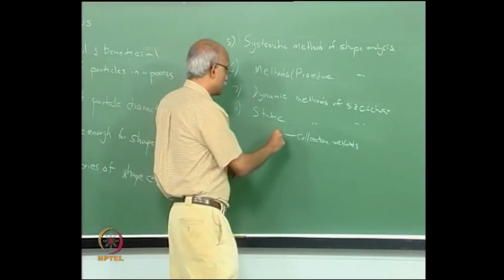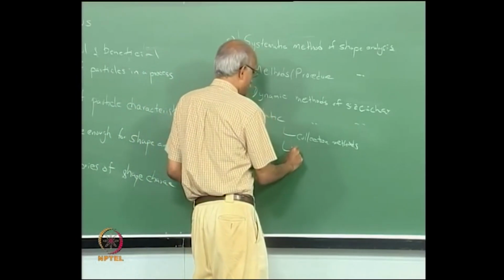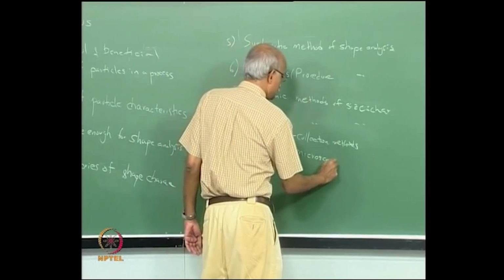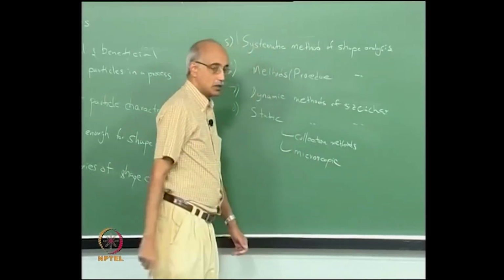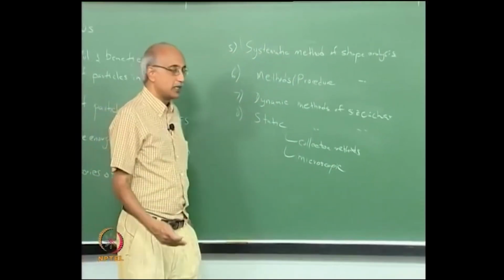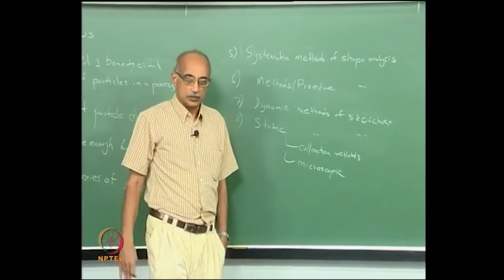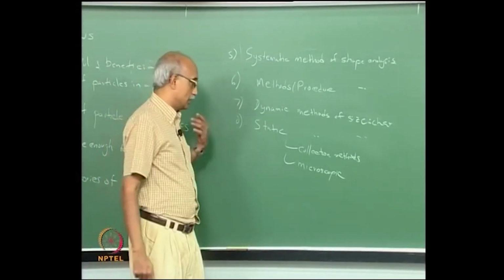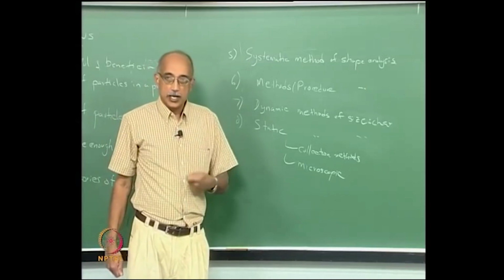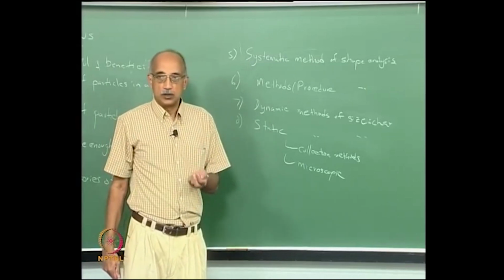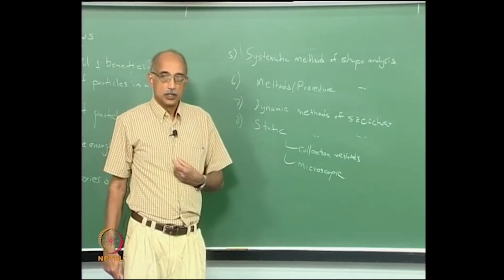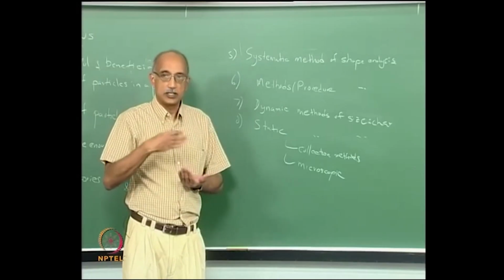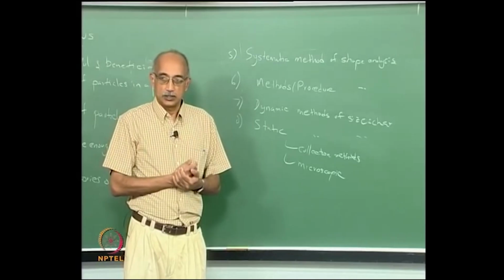And here we said that microscopic methods are really the most fundamental way of characterizing particle size. You look at the particle either with naked eye or with a magnifying glass or with an optical microscope or an electron microscope, and as you go through the sequence, you keep increasing your magnification at which you are analyzing the data.